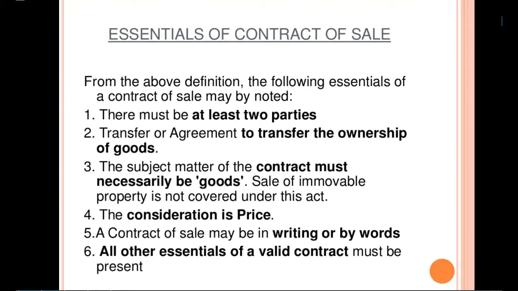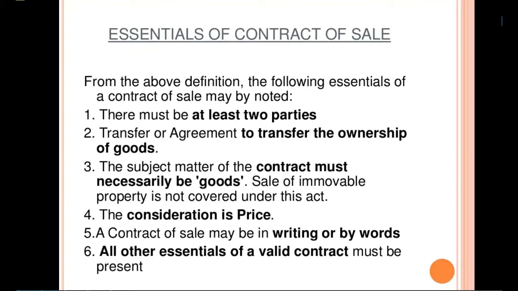The subject matter of the contract must necessarily be goods. Sale of immovable property is not covered under this act. The Sale of Goods Act 1930 only covers movable property, which can be moved from one location to another.